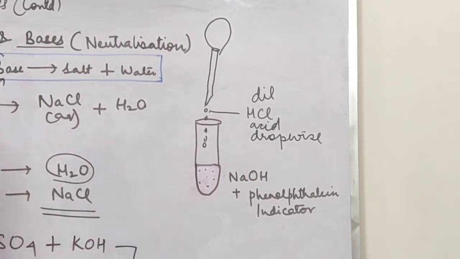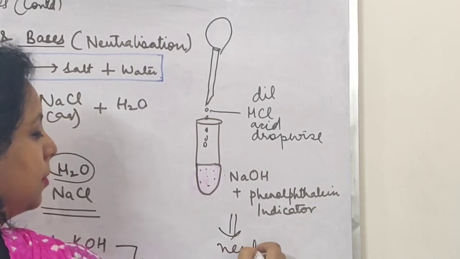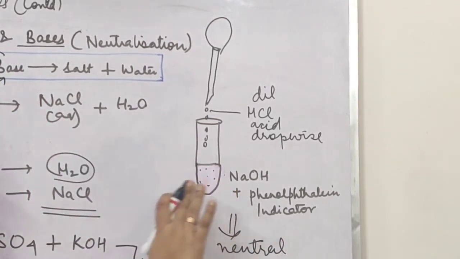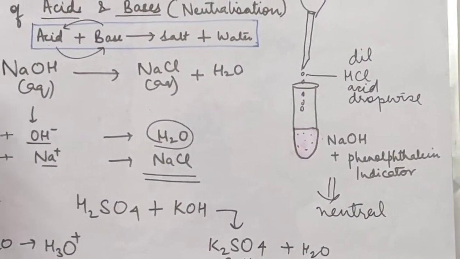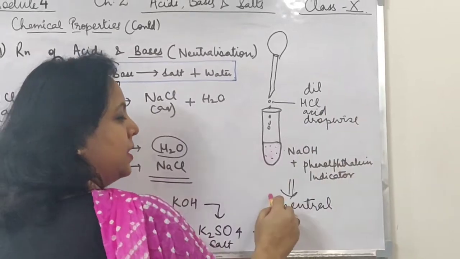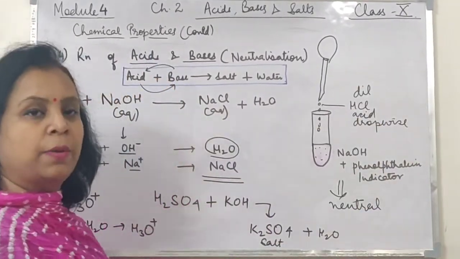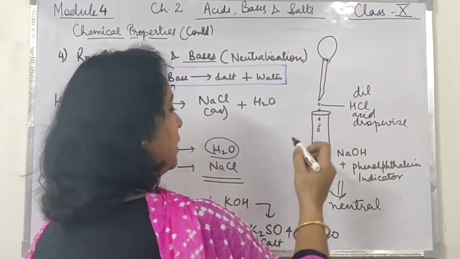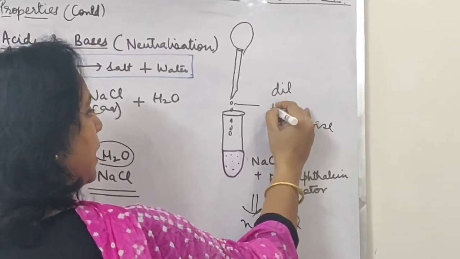If you keep on adding dilute HCl, what is going to happen? Again, it will form, yes, neutral solution. So the color is again colorless. But think of a situation, once it becomes neutral, you start adding some more NaOH. Now what I do, I add this time a little NaOH.